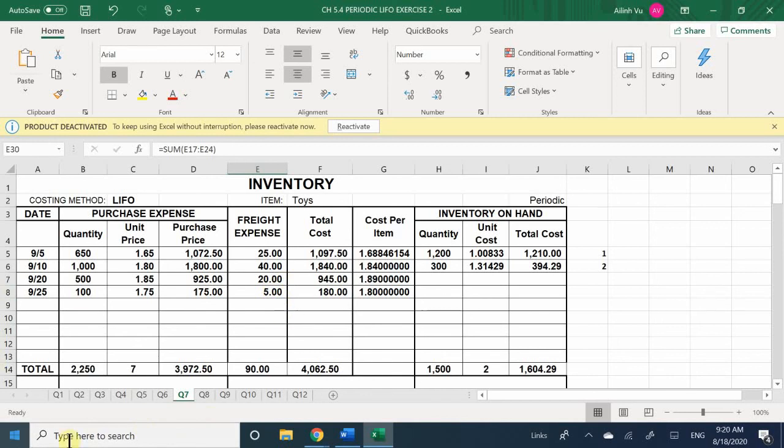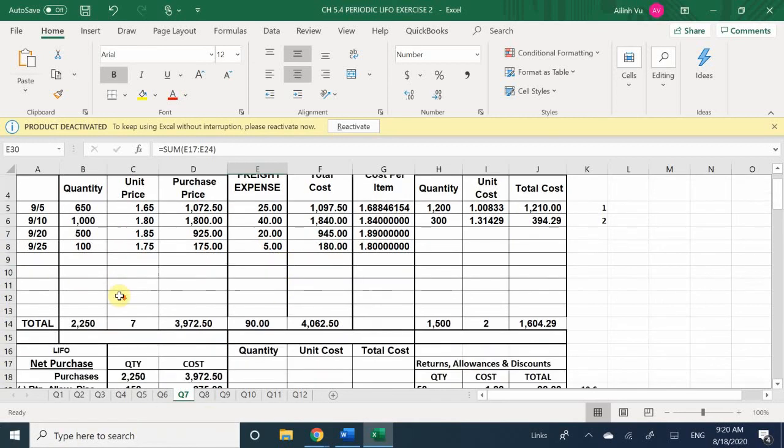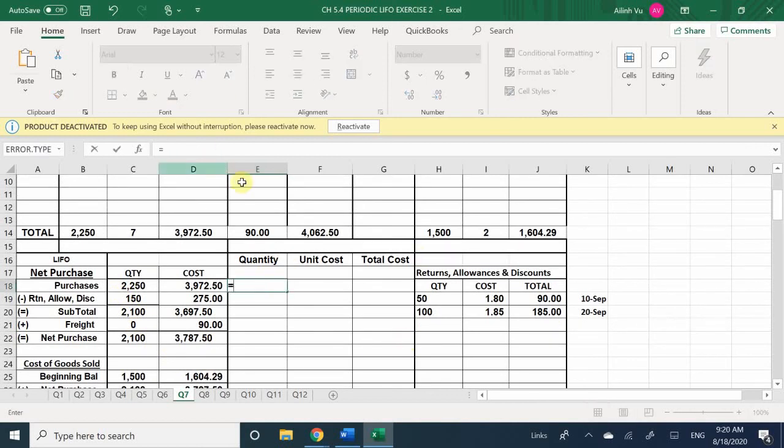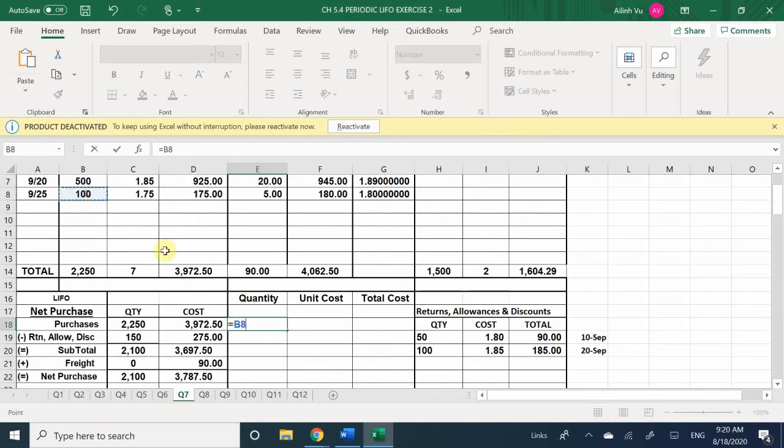Good. Now, do we still have that 100 or did we return some? We have the full 100 items. I'm going to cell reference that just to keep my numbers clean. Since we're going to use the whole batch, we can assume that we're going to take the whole 180.